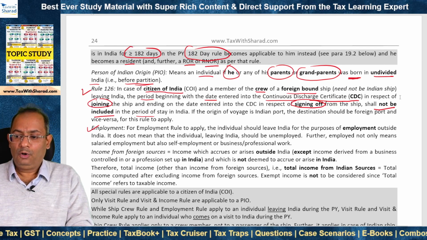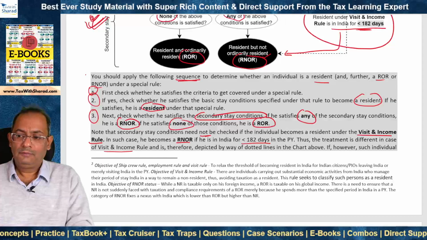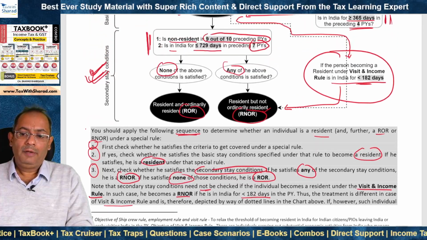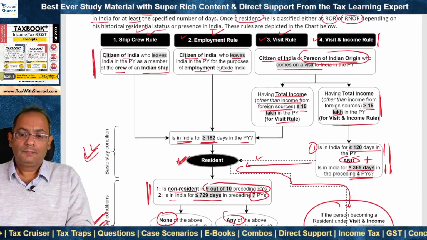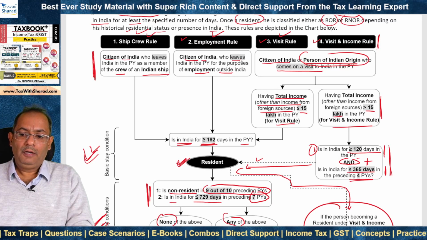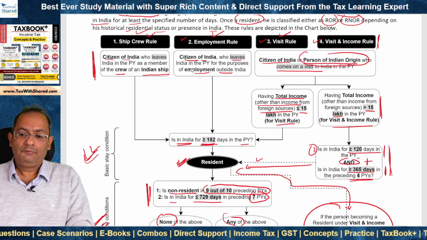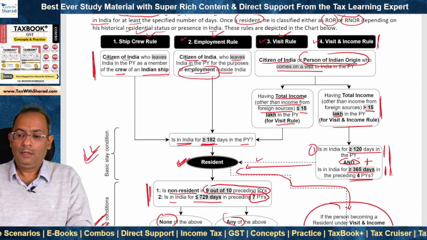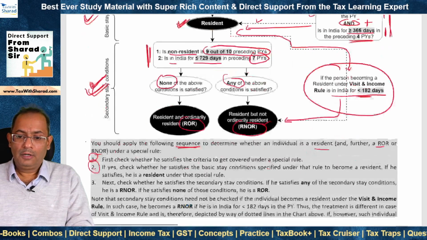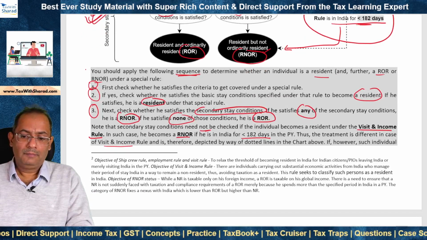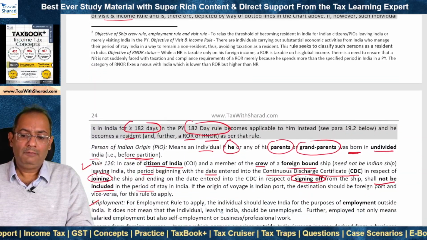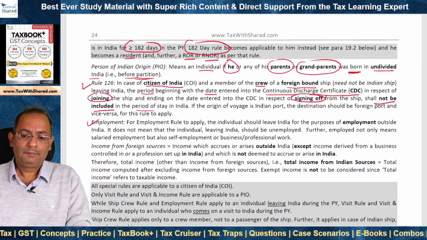What is the meaning of employment? As we noted above, the employment rule applies to a citizen of India who leaves India in the previous year for the purposes of employment outside India. Now, what is the meaning of employment? Does it mean only employment with an employer on salary?